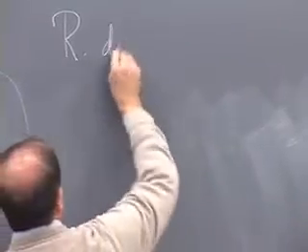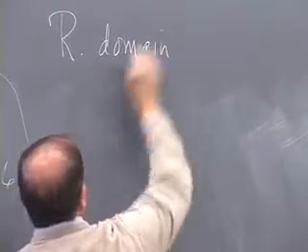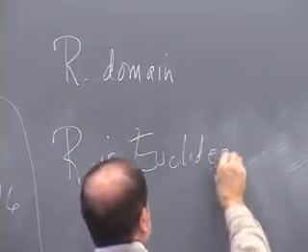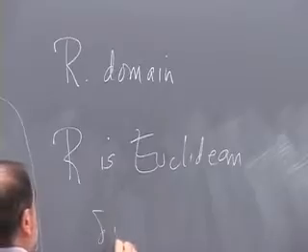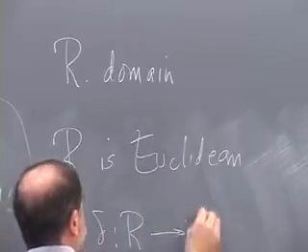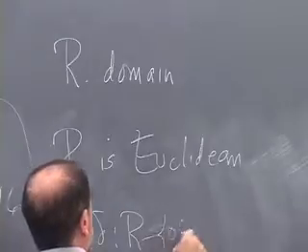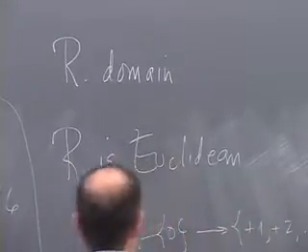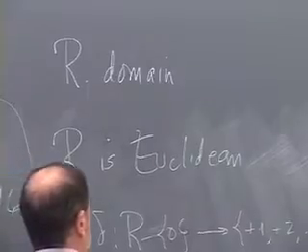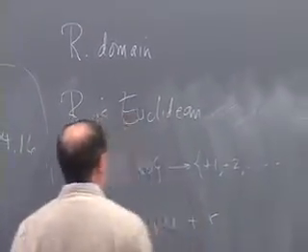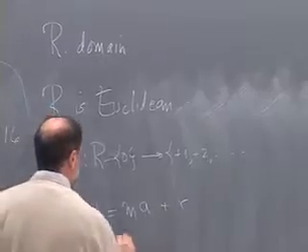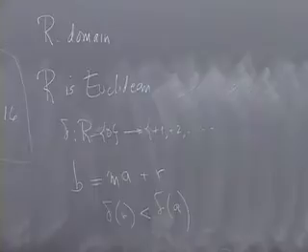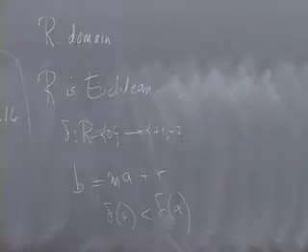So last time we showed, if we had a ring R, that we had the following implications. This is a domain. R is Euclidean, which meant we had a size function, R minus 0 to the positive integers, so that you could always do a division of B by A so that delta of the remainder was less than delta of A, so that we had a Euclidean algorithm in the ring.